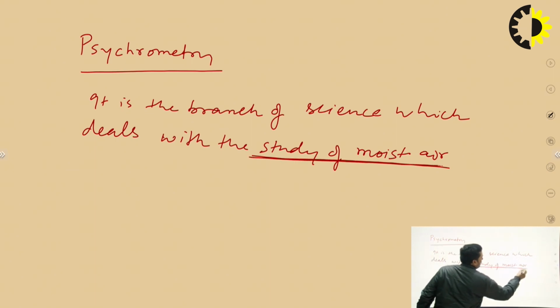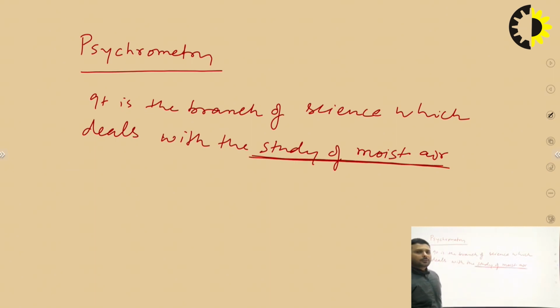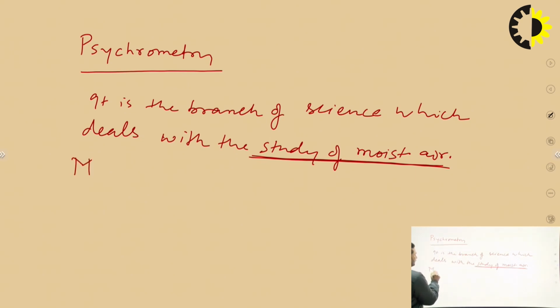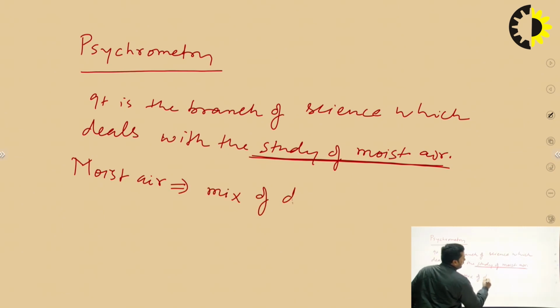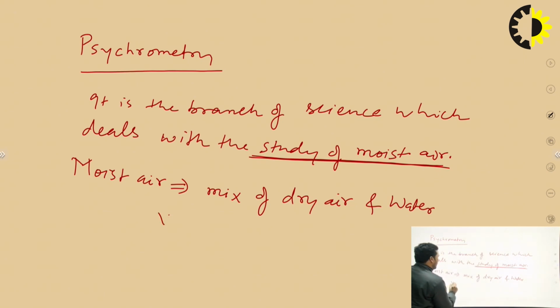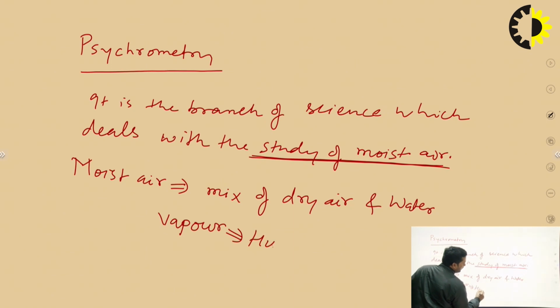Moist air is the mixture of dry air and water vapor, which is generally known as humidity. So the mixture of dry air and water vapor is known as moist air.